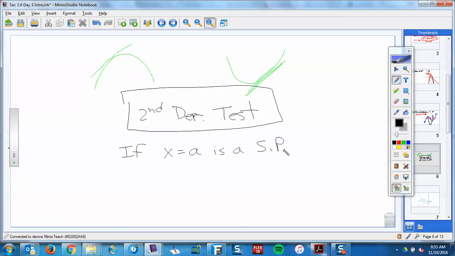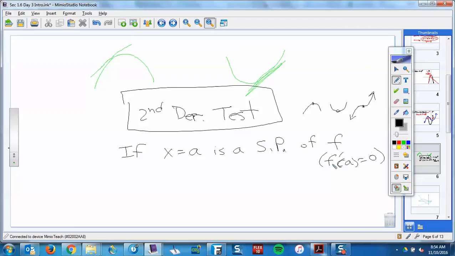This is just for a stationary point of f. Now remember what that means. That means f prime of a equals 0. It means the slope is 0. So we either have a local max, local min, or a flat spot, right? So a stationary point, we have one of those three things.